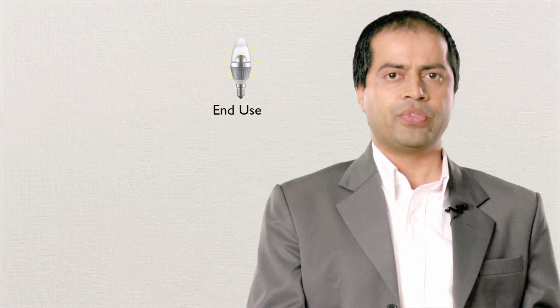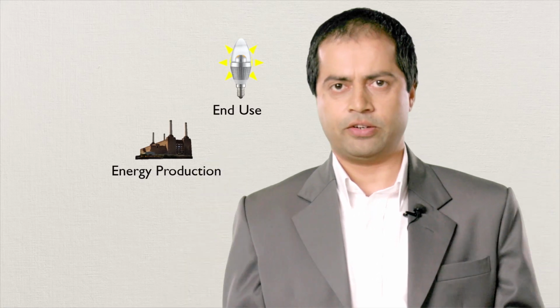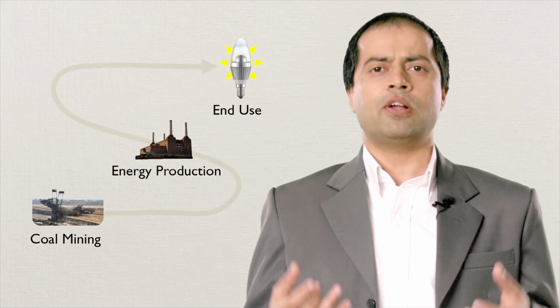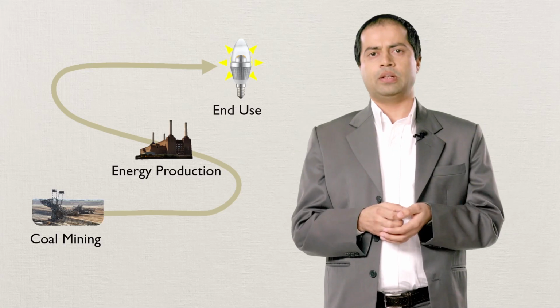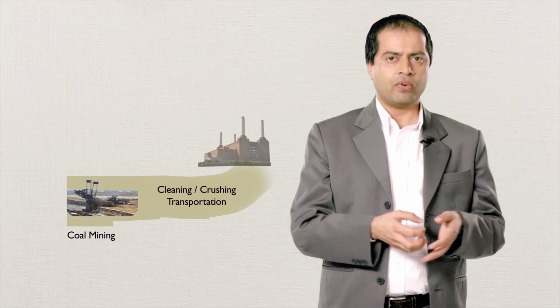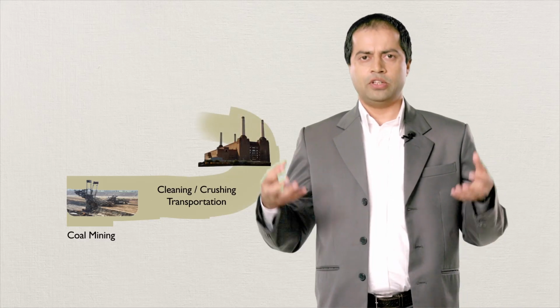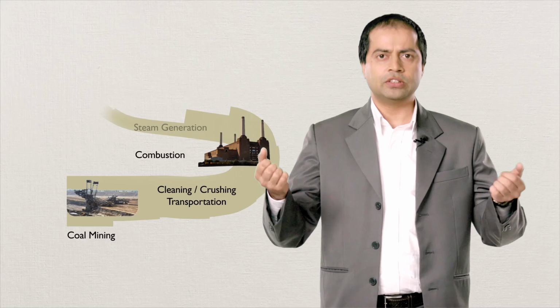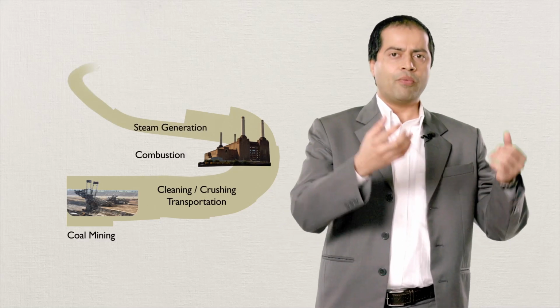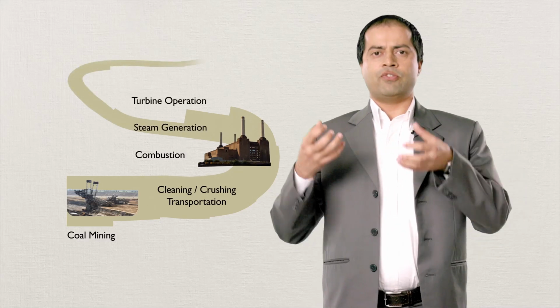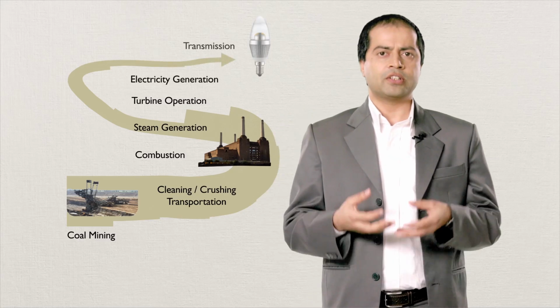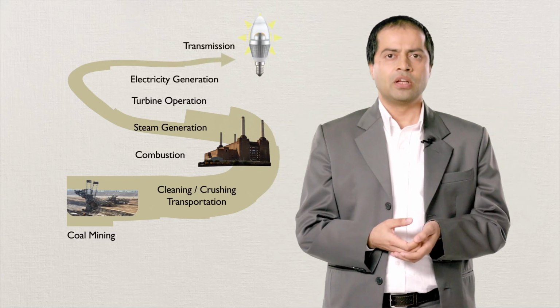Analysis of energy efficiency can be extended beyond the end users, such as to the energy production sector. Let's see an example of a coal power plant producing electricity. Processes involved in such a power plant are coal mining, coal cleaning, crushing, and transportation to the power plant, coal combustion in the furnace, steam generation in boilers, steam turbine operation, electricity generation via generator, and electricity transmission via grids to the end user.